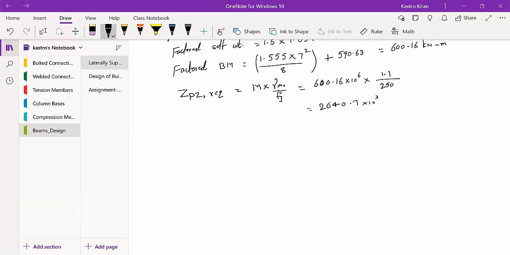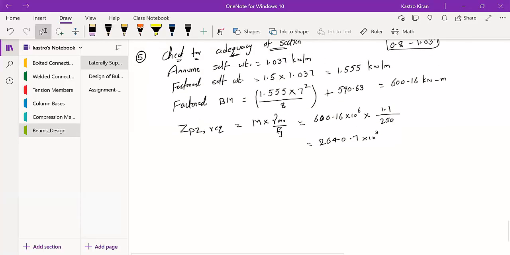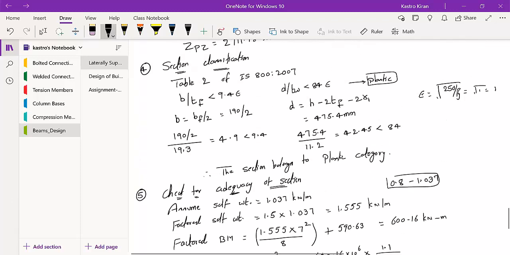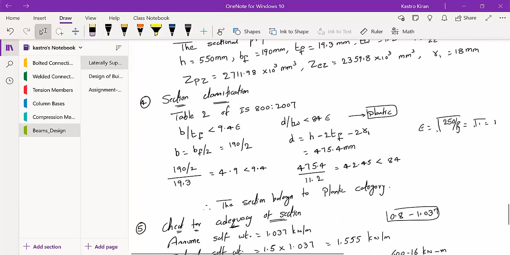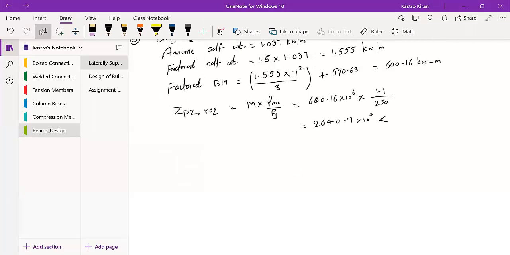And remember how to identify whether the section which you have selected is safe or not. It is said that the value of Zpz required must be less than the value of Zpz of ISMB 550. What is the Zpz of ISMB 550? It is 2711.98 into 10 cube, however it is in mm cube unit.